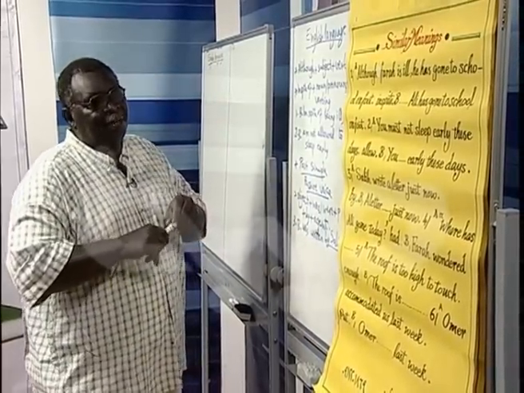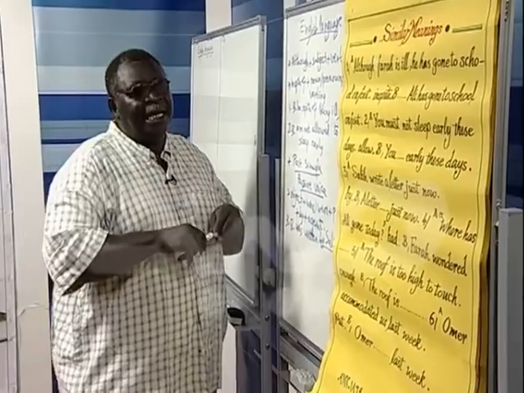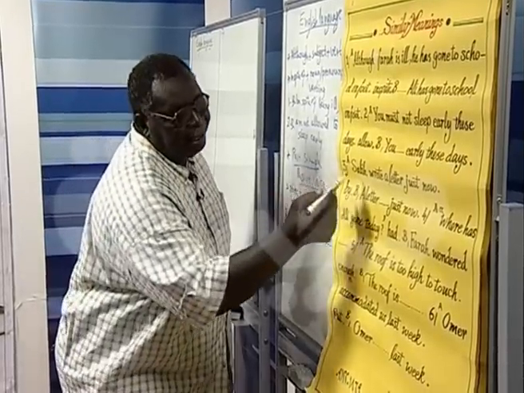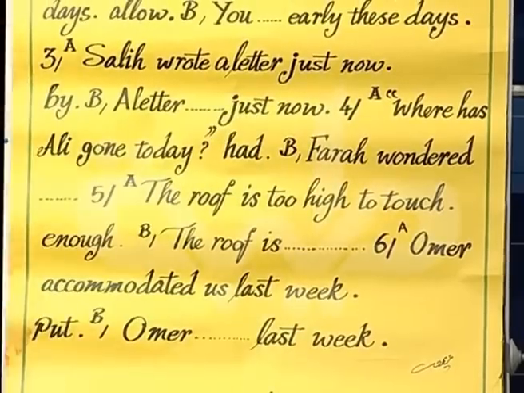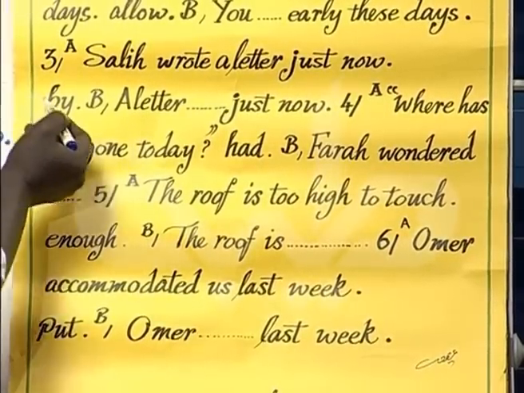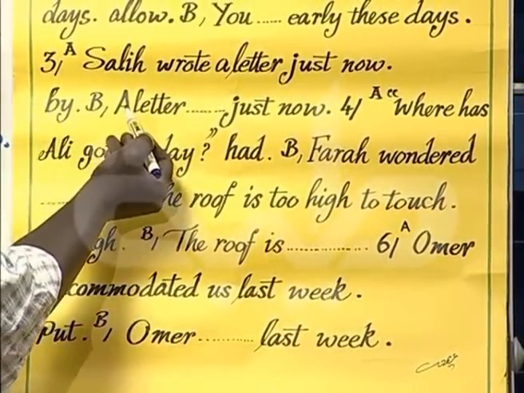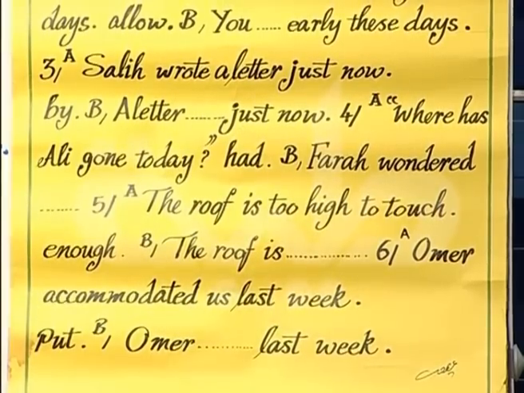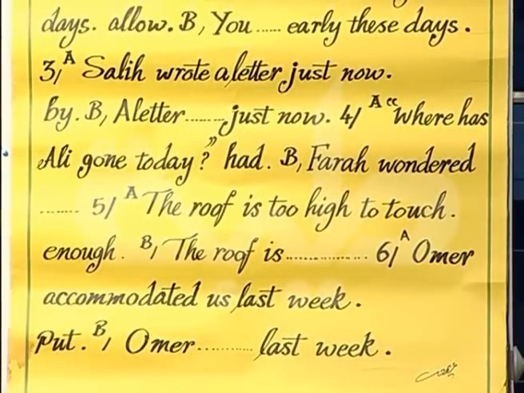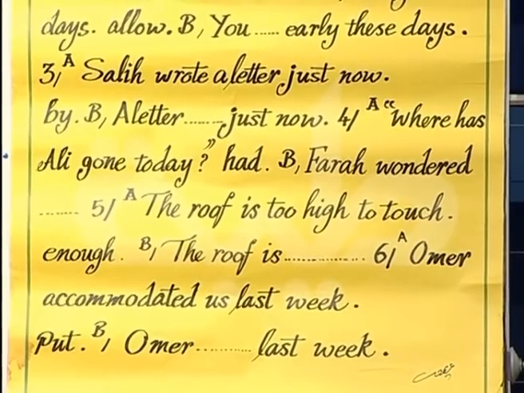We have the question. The question says, Salih wrote a letter just now. This sentence is in the past simple tense. There is by in the margin, الهامش, and the sentence begins with the object. That means I want to change the sentence into the passive voice. If I want to change a sentence of past simple tense from the active voice into the passive voice, this is the rule, هذه القاعدة.